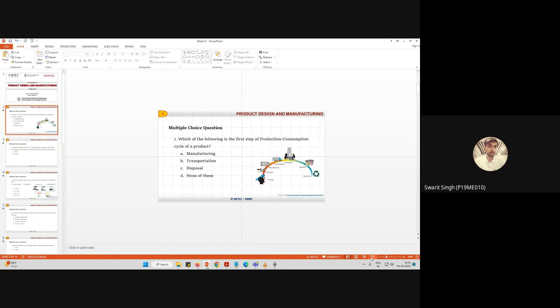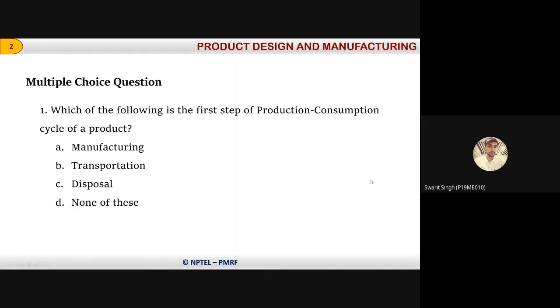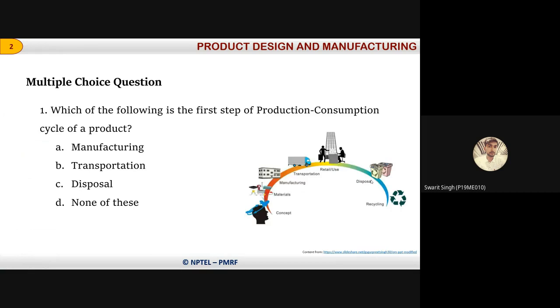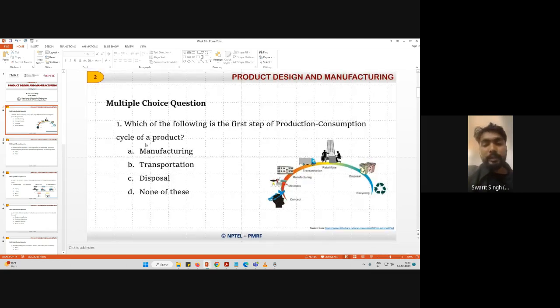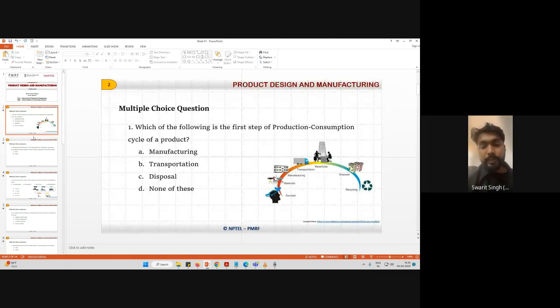In this session, we discussed 10 questions, similar to the week one assignment problems. We elaborately discussed the questions, and we also took questions from the discussion forum.